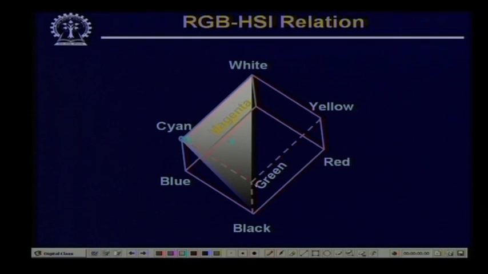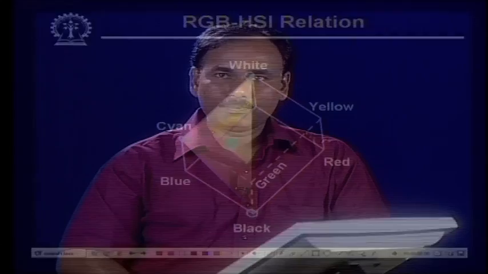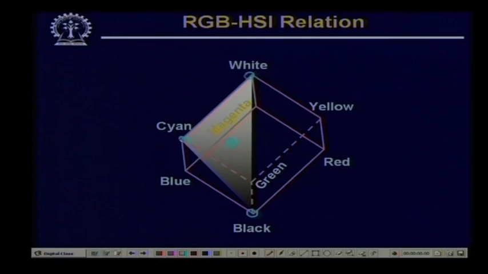Now, because white is a balanced color which contains all the primary components in equal proportion and black does not contain any color component, these 2 points white and black cannot contribute to the hue component associated with any point lying in this plane. So, the only point which can contribute to the hue component is the cyan. So, for all the points lying in this plane, the hue will be the same as the hue associated with this point cyan.